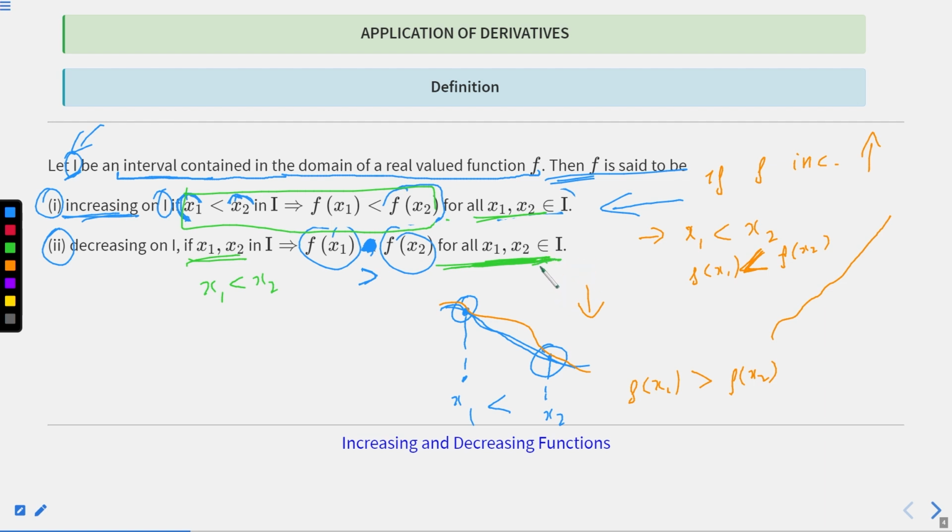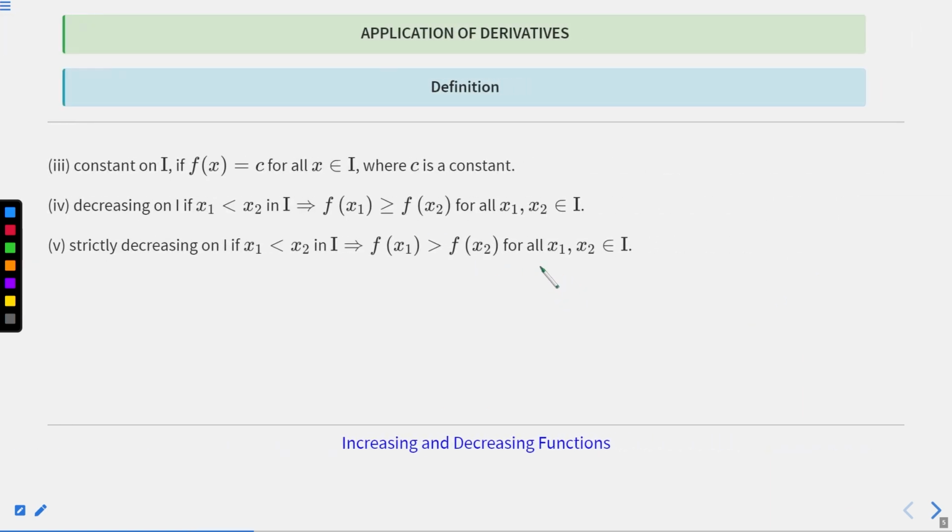Let us move to the next. Now the third: on the interval I, if f(x) is some c, if f(x) is constant for every x in that interval, where c is a constant, then what is happening?